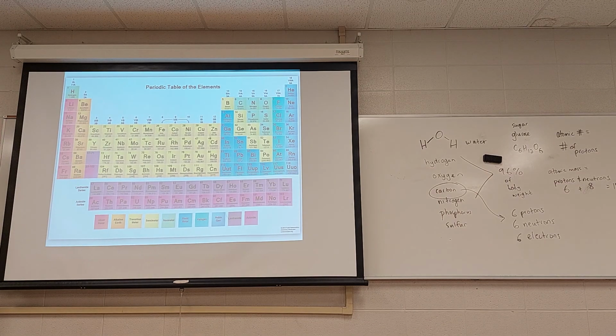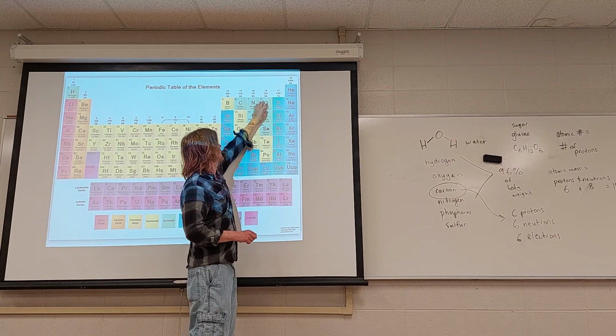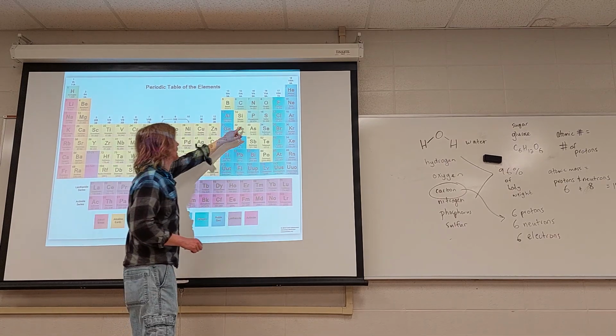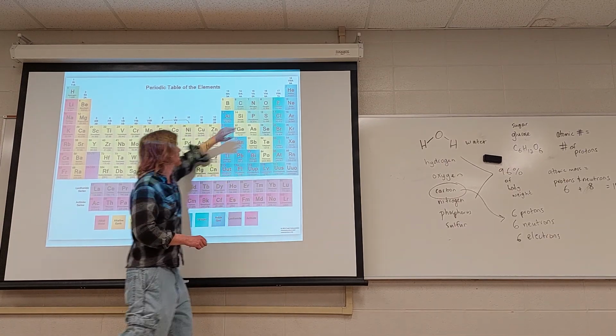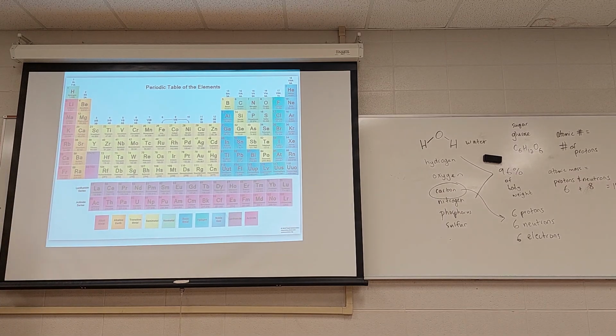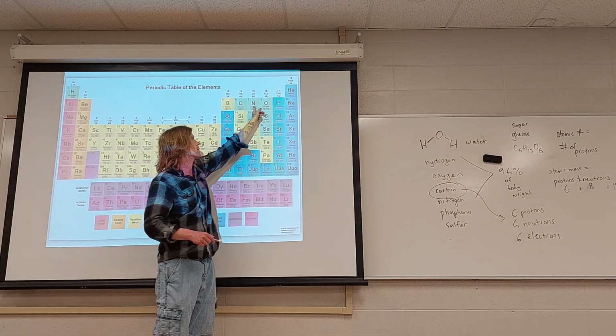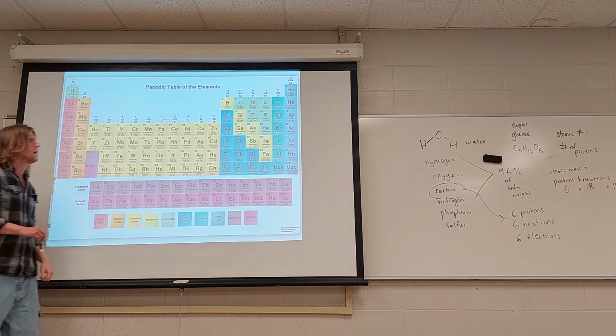The familiar ones that you really want to be aware of are these 5 here, and then hydrogen up here. Those are the ones that you want to know where they are on this periodic table, especially those 4.